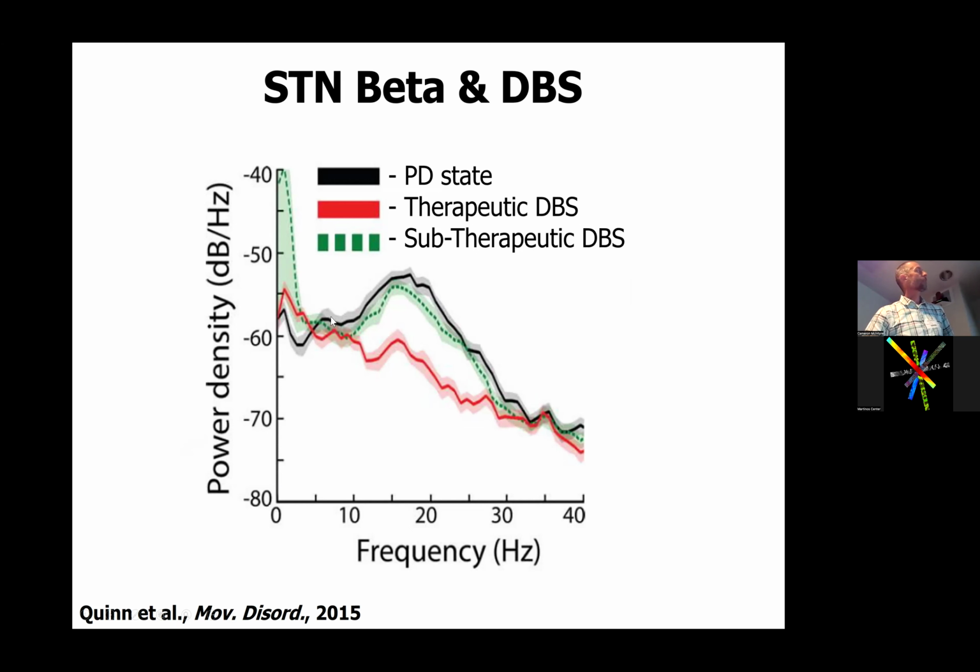But in a Parkinson's patient, you've got this hump of exaggerated activity at approximately 20 hertz. If you give that patient subtherapeutic DBS, so you turn on the stimulator but you don't turn it up very high, that beta band peak doesn't really go away. But if you turn up the stimulation enough, boom, that goes away. And that correlates with improvement in symptoms.